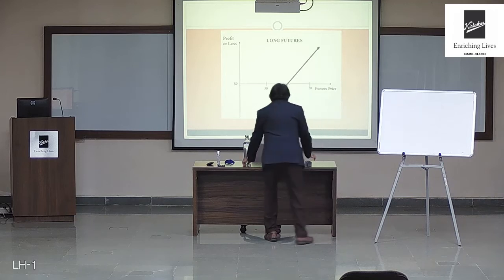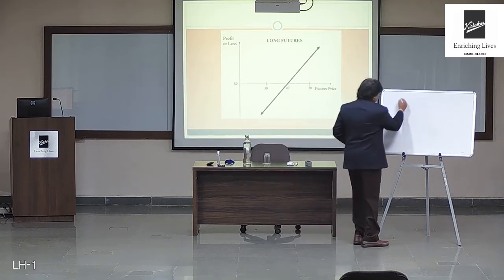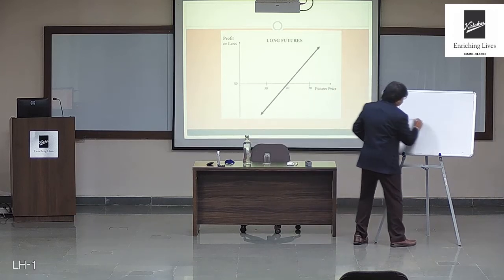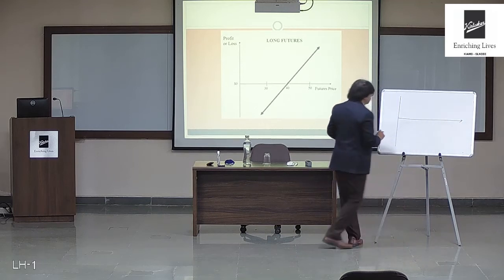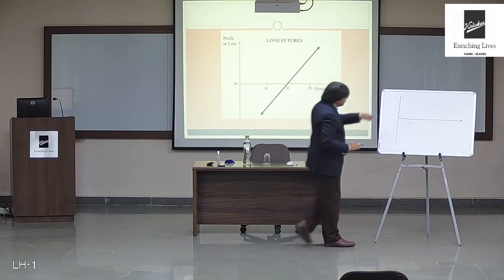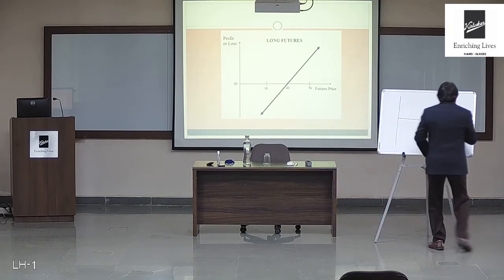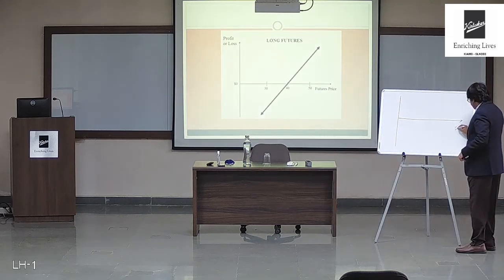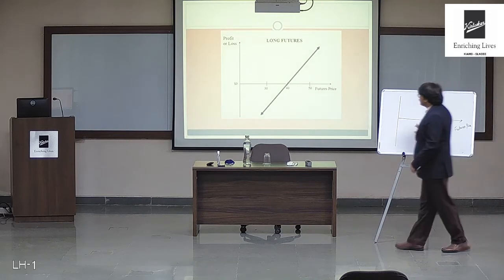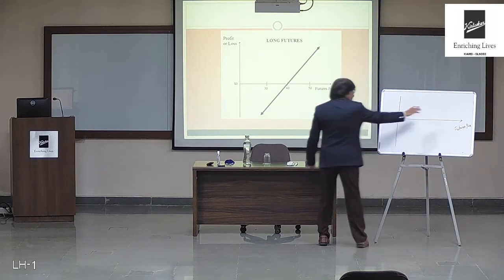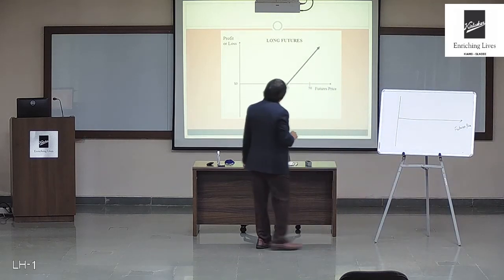This is a particular chart which has both positive and negative sides, and one horizontal x-axis which represents the futures price, the price which is expected to move along this line.